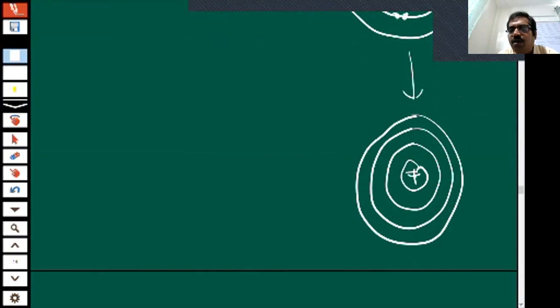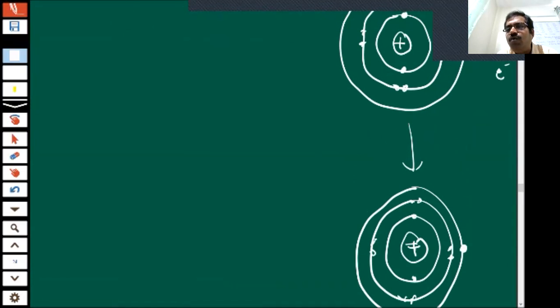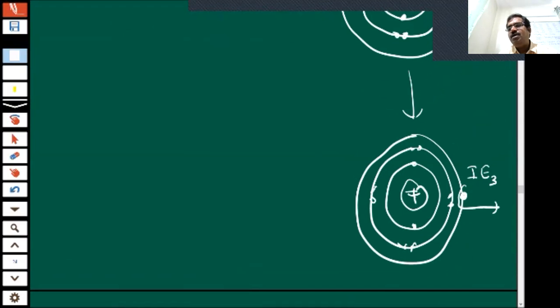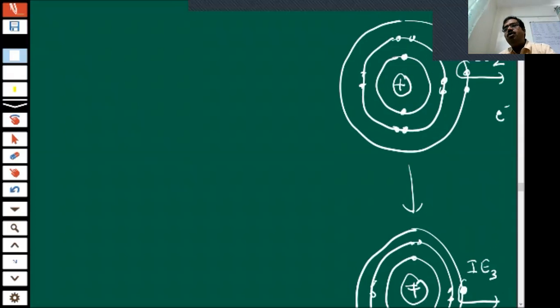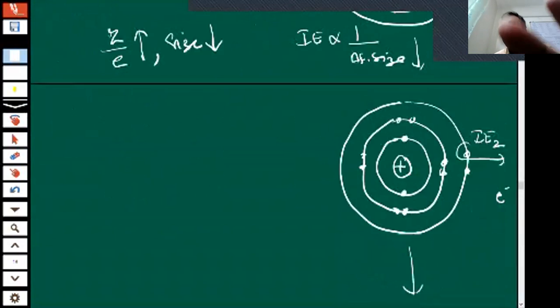Now tell me, 2 electrons are inside, 8 electrons are in the second orbit, and here how many electrons will be left? One only. Now if we try to remove this electron, what will it be known as? IE3. Did you understand? In such cases, these are known as successive ionization energy.